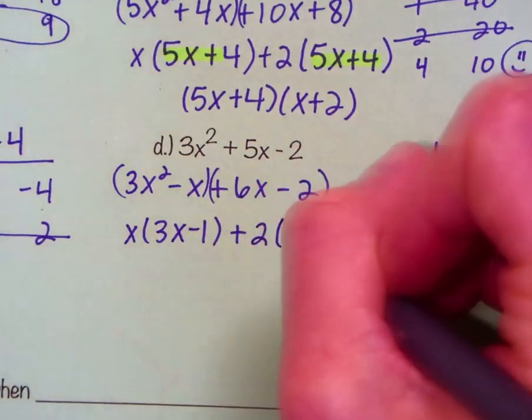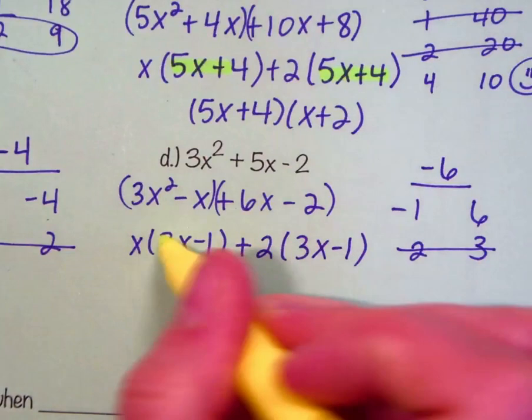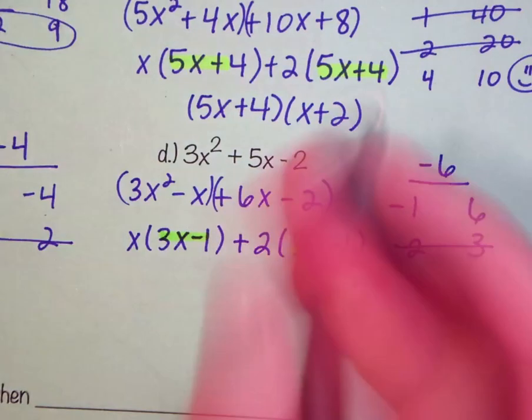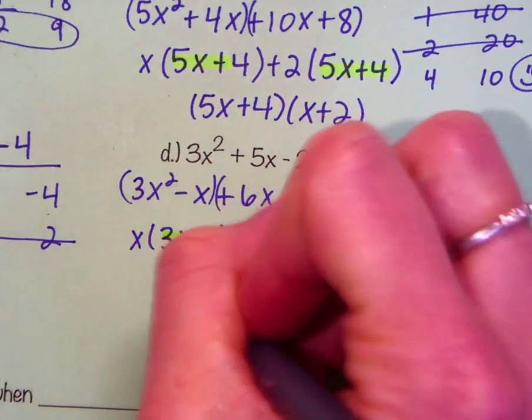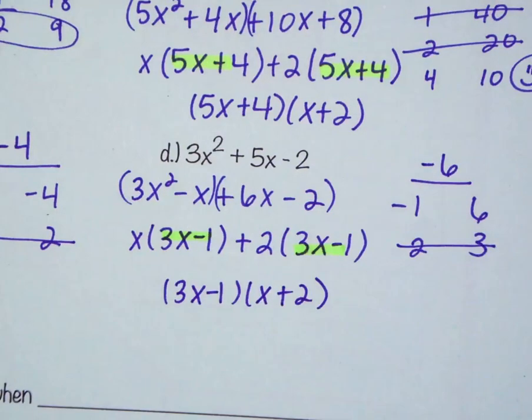So I'm going to take out a positive 2, and that'll leave me with 3x minus 1. This is good. So now I get 3x minus 1 times x plus 2. Okay. So that's our final factoring method.